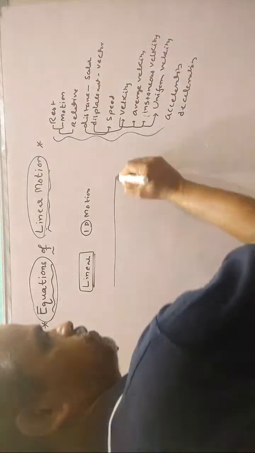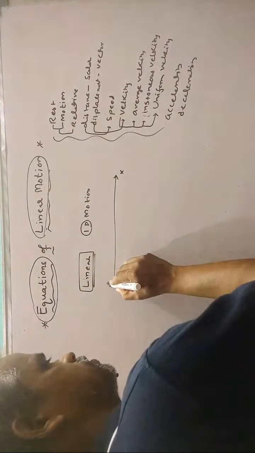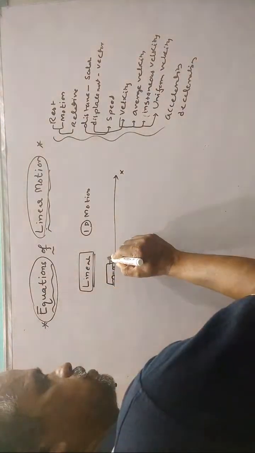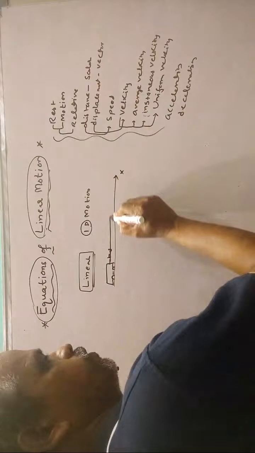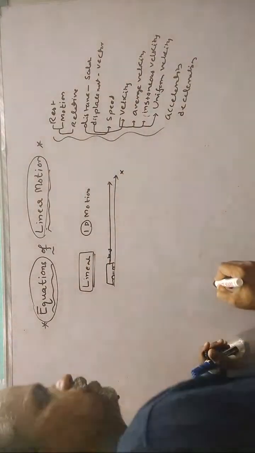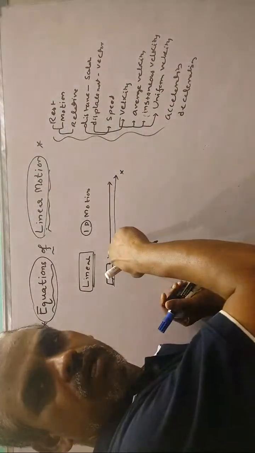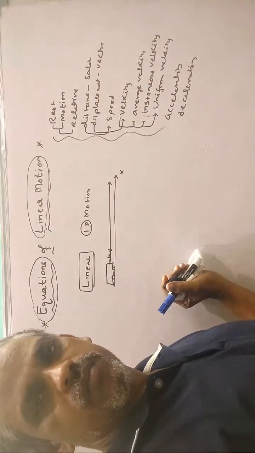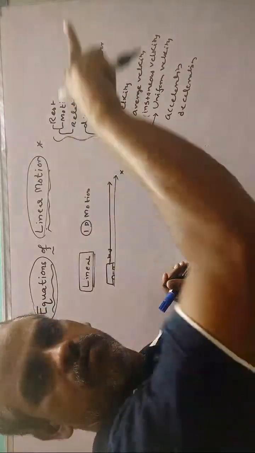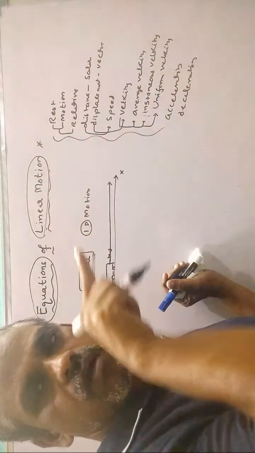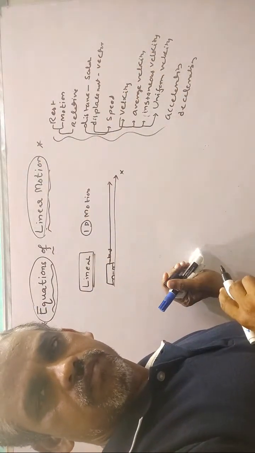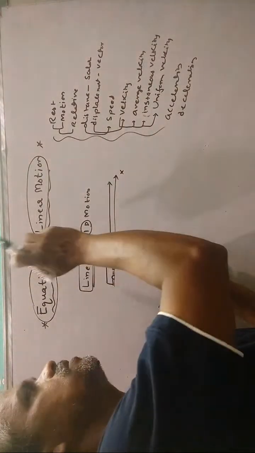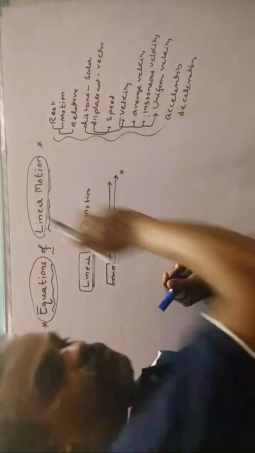For example, this is a bus moving along this direction. This is linear motion of the bus. So we are discussing here equations of linear motion.